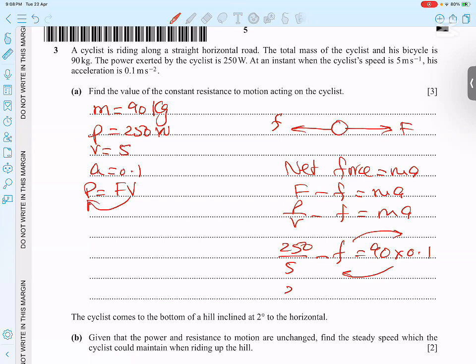So this I got 50. 5 5s are 25, and this becomes 9. Let me check. 90 into 0.1, 9. Yes. And I got F is equal to 41 newtons, because 90 into 0.1 is 9. Okay, so this is done.